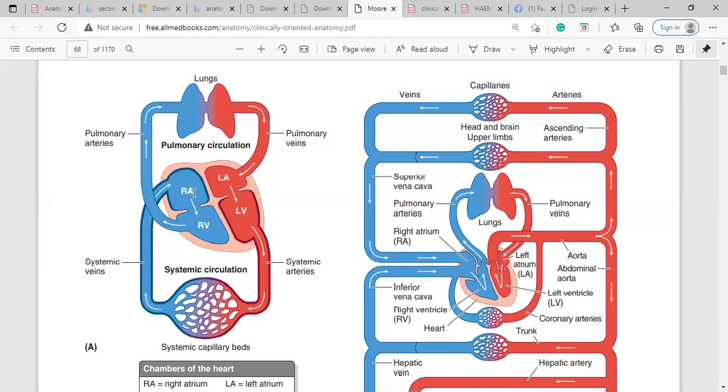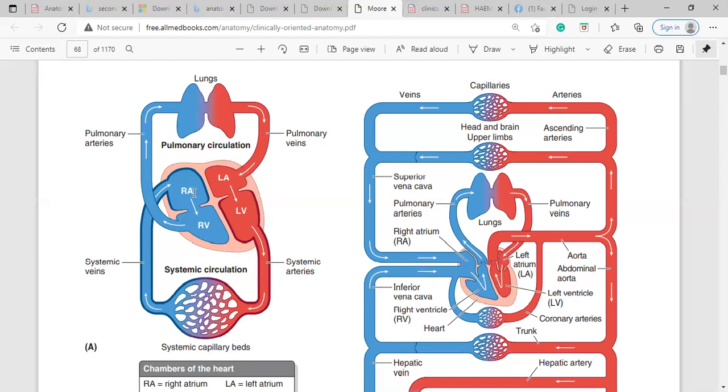Because the left ventricle pumps the blood through the systemic arteries, and so the capillaries use the oxygenated blood. Then it becomes deoxygenated. Then it goes to the right atrium.